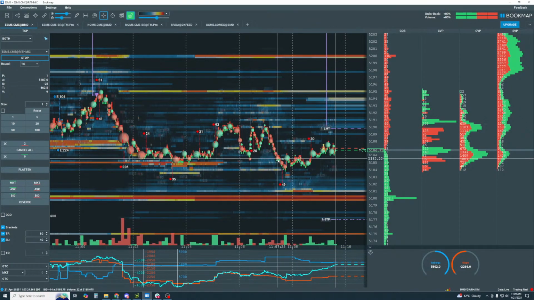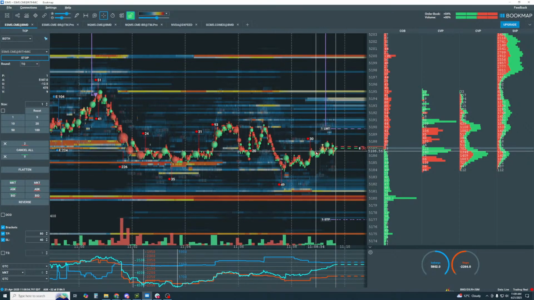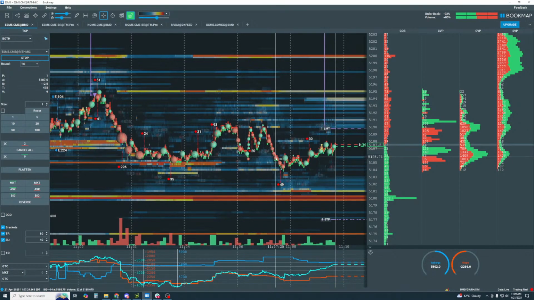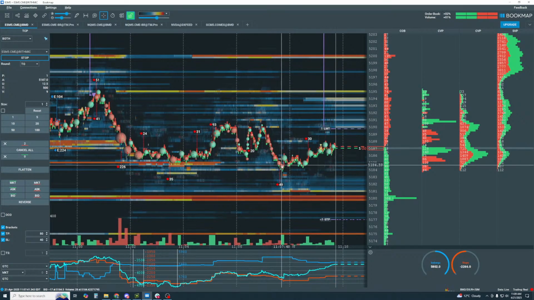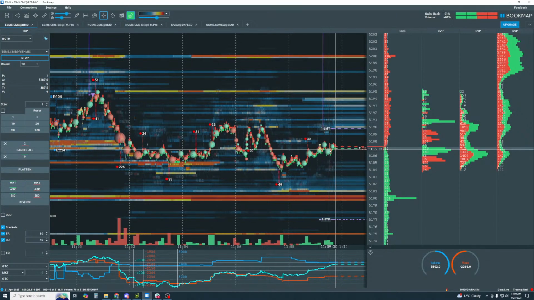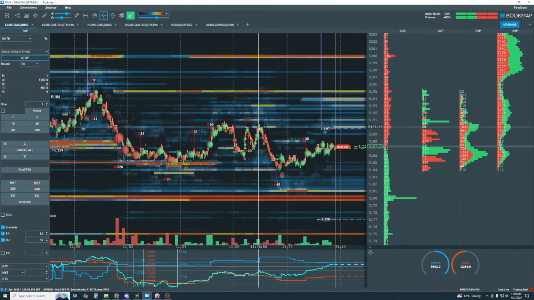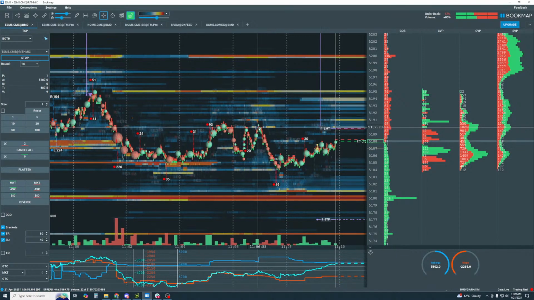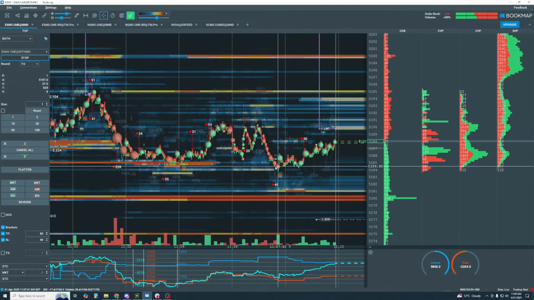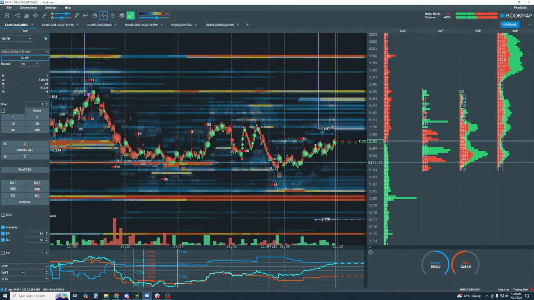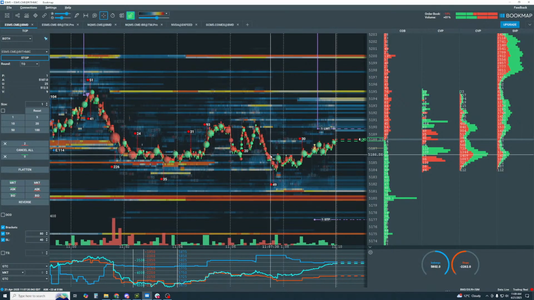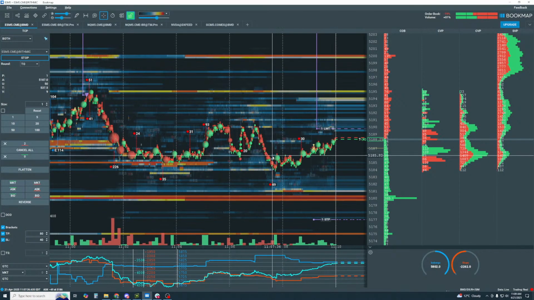It just kind of broke down, and then we see buyers come back in. So this is a false breakdown, right? Now look at the buyers coming in on the other side. Now the question is, can they continue to buy and get back up to the top of the range here?